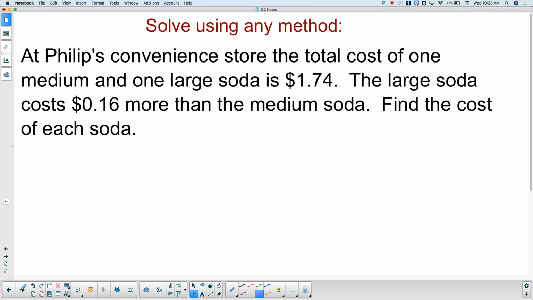Second step. What do we need to do in a word problem? Second step in a word problem. Label our variables. Not label, but define our variables. Okay? All right, so what do you want to use as variables for this one?